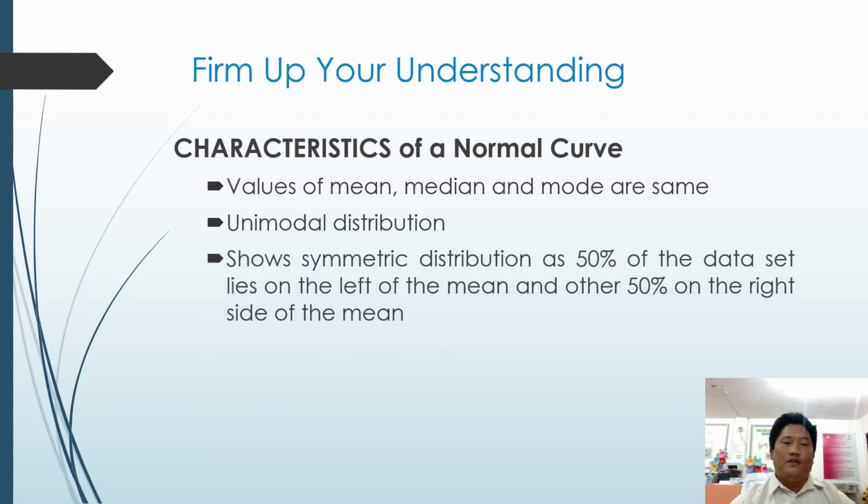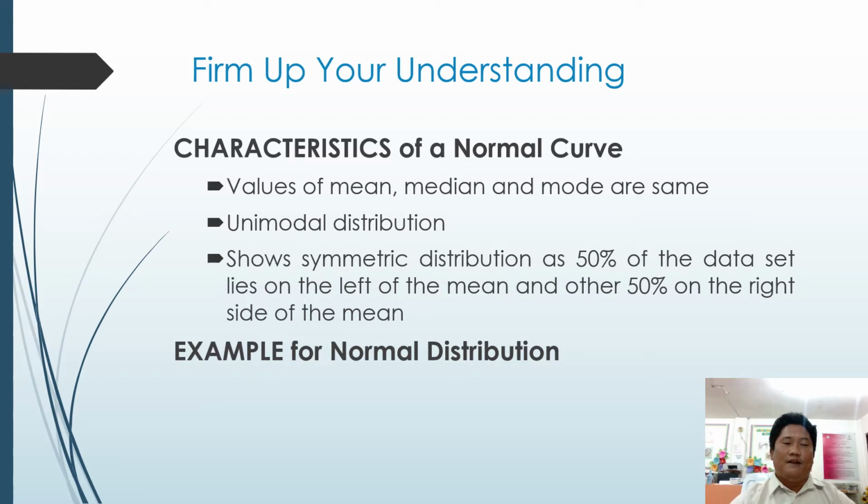Based on our illustration a while ago, the normal curve shows a symmetric distribution, so 50% of the data set lies on the left of the mean, and the other 50% lies on the right side of the mean.